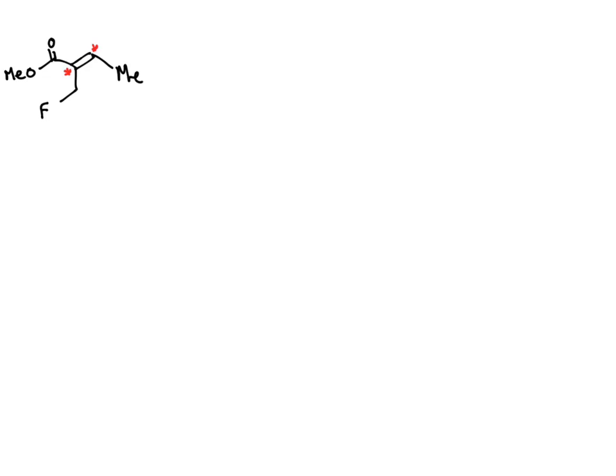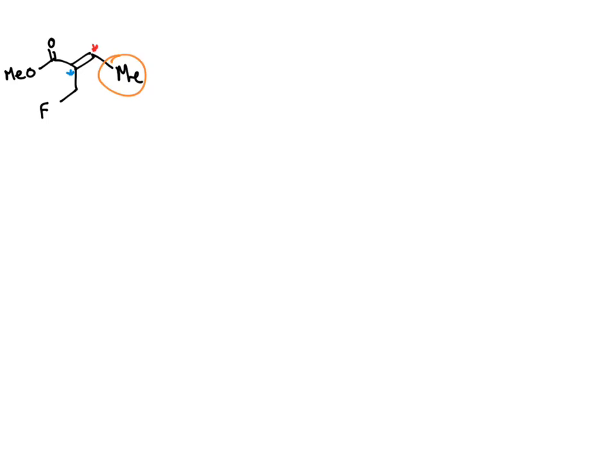Now each of those two carbons should be treated one by one, so let me label them with a different color. Let's treat the red carbon first. On that red carbon we have a methyl group, so that's a carbon atom that's directly attached to the double bond, and then we have a hydrogen atom that's directly attached to the double bond. In this particular case, carbon has an atomic number of 6, while hydrogen has an atomic number of 1, and so the methyl group is higher priority, so I'm going to circle it.